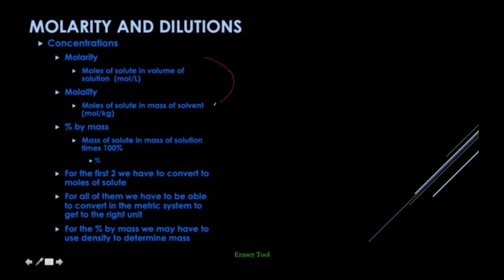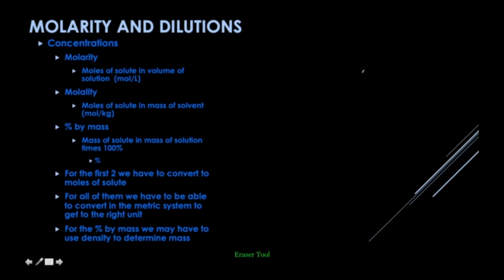Now for all of them, because we are dealing with units of measurement, either mass or liters, we have to be able to convert using the metric system. So if you need a refresher on that, go back and look at course 1 or quarter 1, and if you're still having trouble, you need to contact me and we need to have a meeting about that.